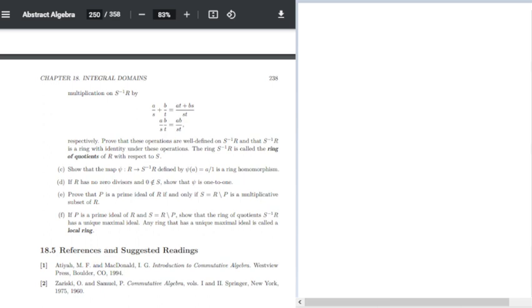Actually, wait, let me do this, it's kind of subtle. Oh I know, yeah, it does naturally follow, never mind. It's the exact same computation, but it's just not ensured to be 1-to-1. So if R has no 0 divisors and 0 is not an S, then psi is 1-to-1, which is basically just the fact that if it has no 0 divisors, then it's an integral domain.